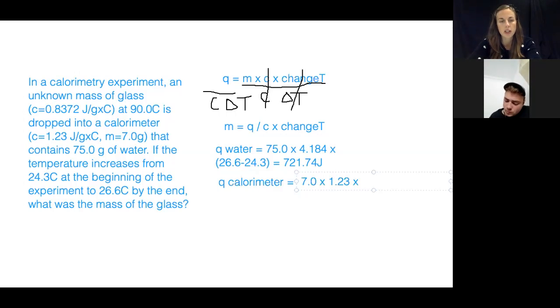It's going to be the same change in temperature as the water, so 26.6 minus 24.3. Okay, so we're going to plug all that in. And I got 19 point, I'm going to say 80, and that's joules.